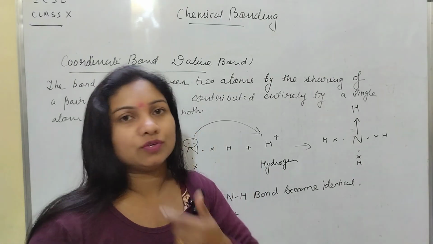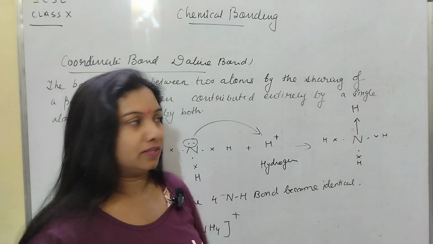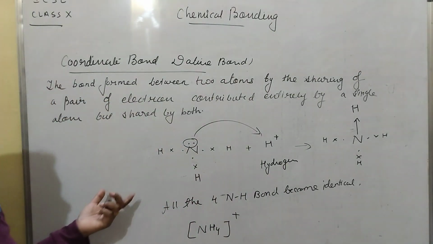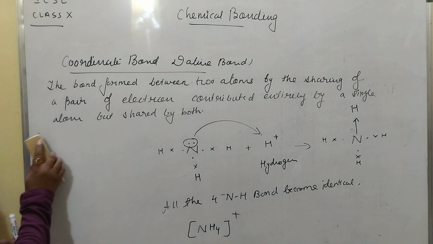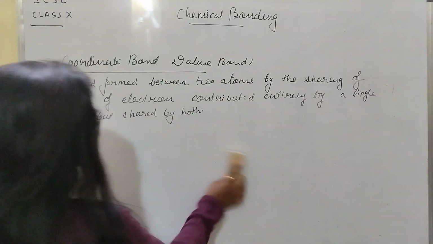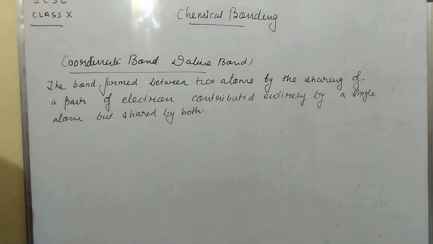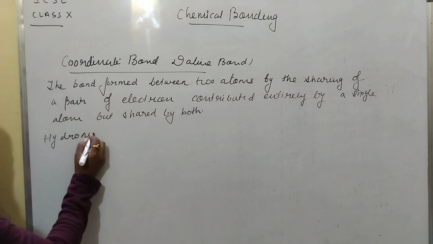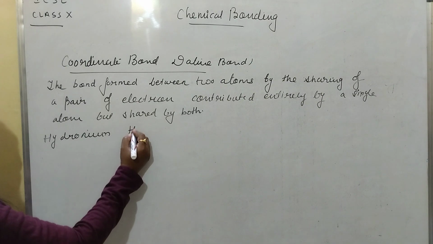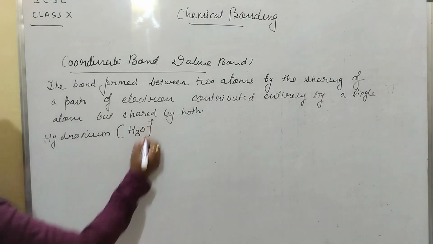One more example in your syllabus is the formation of the hydronium ion. You can note it down in your notebook. Next we will see the formation of the hydronium ion, H3O plus.